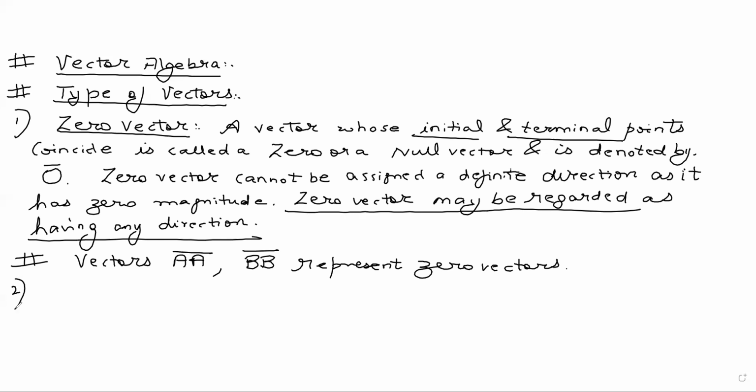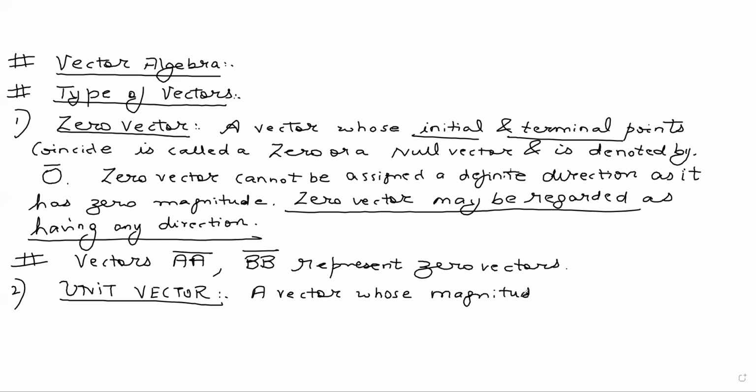Then, guys, let's look at the second type of vectors called unit vectors. So what are unit vectors? A vector whose magnitude is unity, or I can say equal to 1, is called a unit vector.